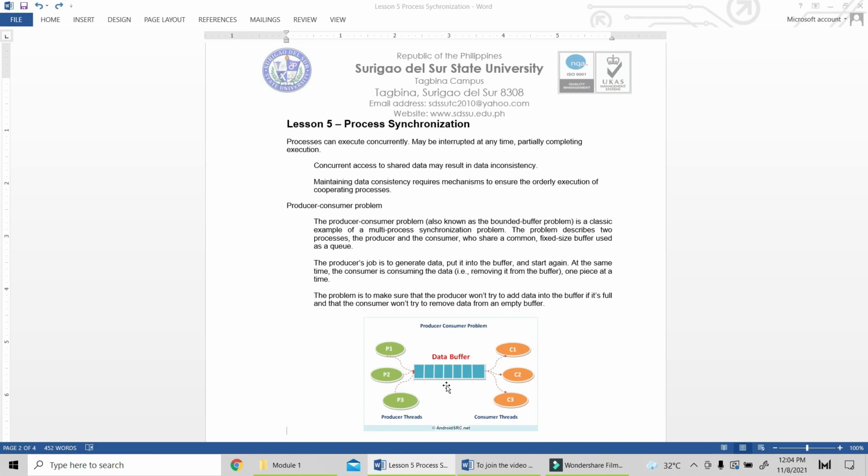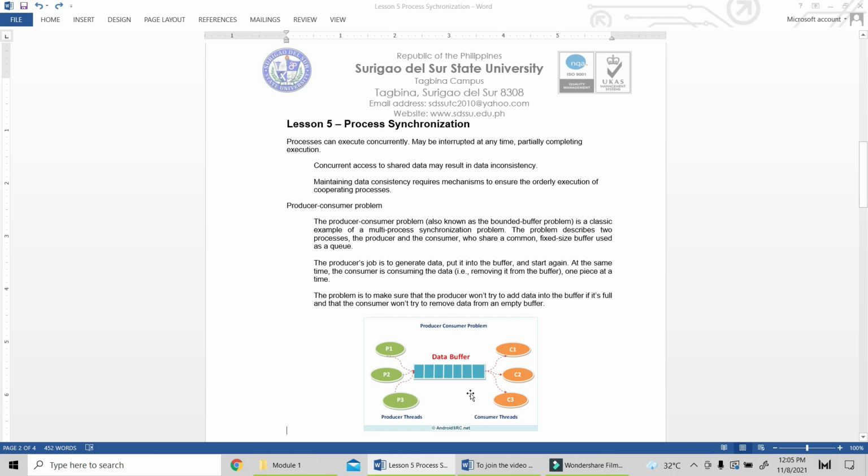So the producer's job is to generate data and then put that data into this buffer. This is what we call a buffer of n slots. Just for this illustration, we have, I think, 7 buffers.